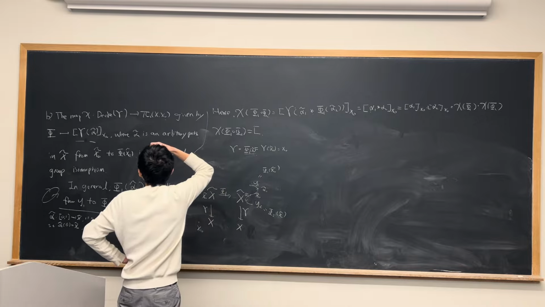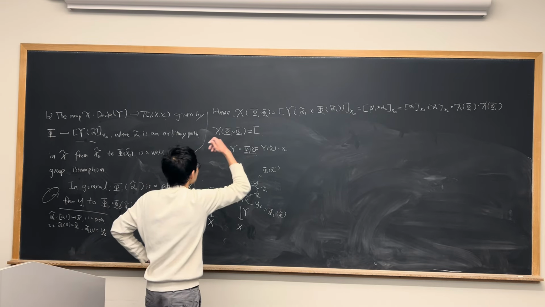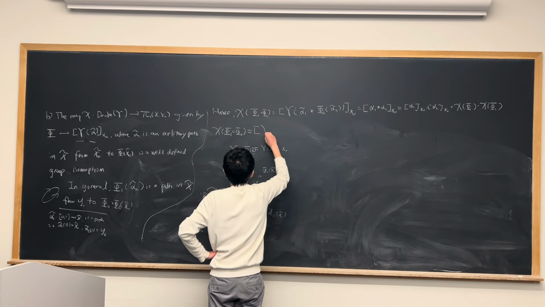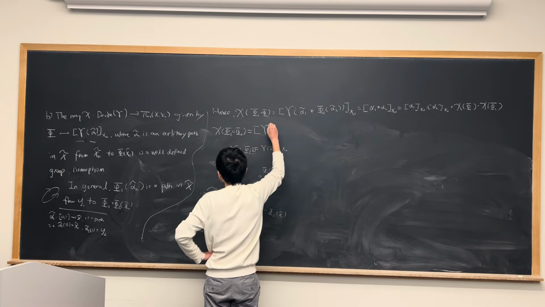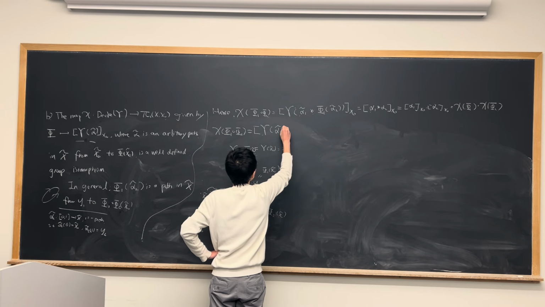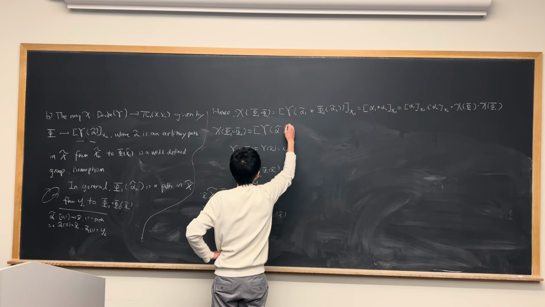Okay, so you have this gamma of, let's say, some alpha tilde. We will specify it later.